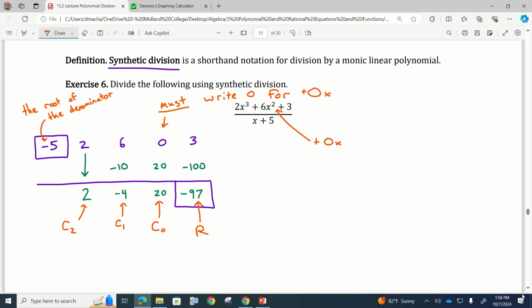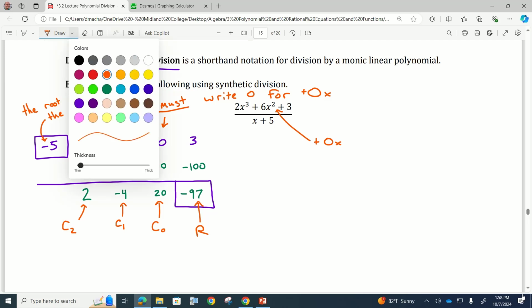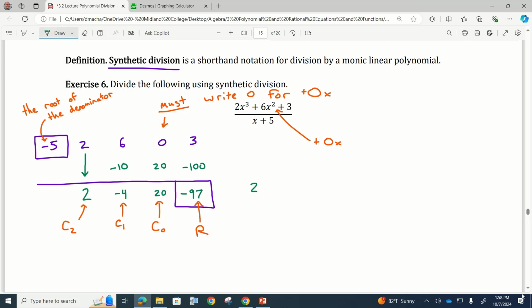So when I go to write my answer, I can write 2x cubed plus 6x squared plus 3 divided by x plus 5 is equal to 2x squared minus 4x plus 20 minus 97 over x plus 5.